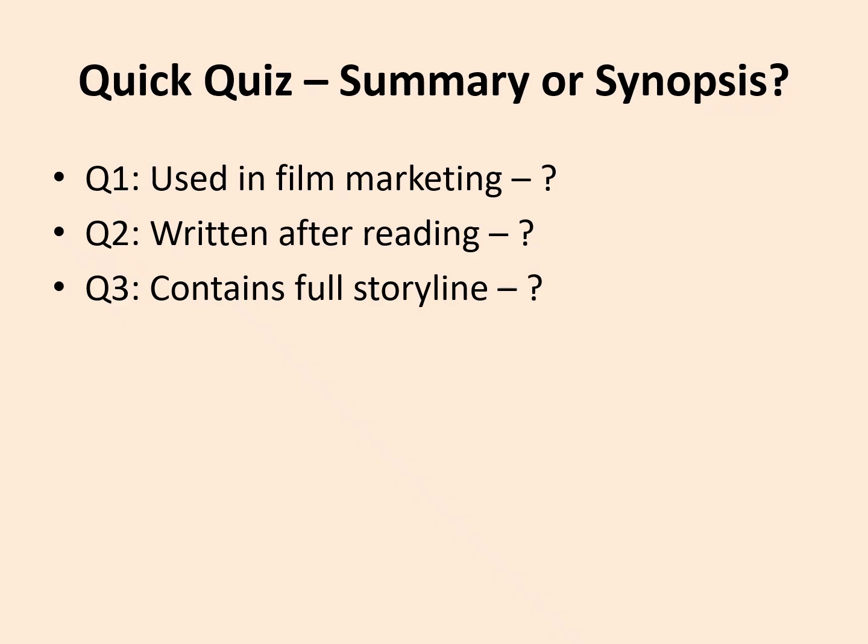You want to make people come and watch the film, so it should be a synopsis. Written after reading at the end of the chapter, at the end of the lesson, a brief note, a brief recapitulation. It should be summary. Contains full storyline. Now this we will leave for you. Try to guess what should be the correct word, summary or synopsis.